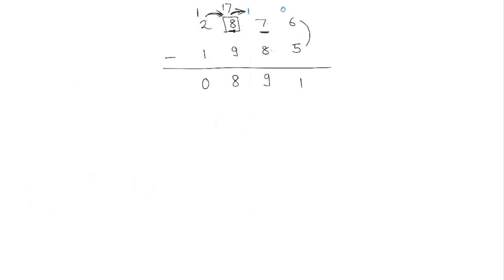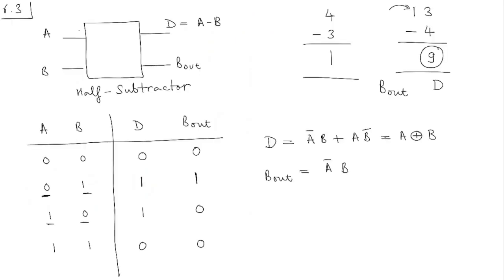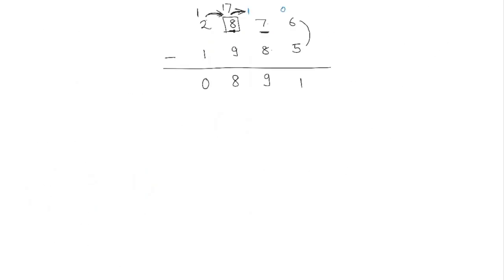And we need to think about both these factors when we are designing our subtractor. In the previous case, we only thought about borrows that are coming in, which is this borrow. We were only looking at this borrow, right? But we also want to be thinking about this kind of a borrow. And so we are going to take into account both these and build a circuit called the full subtractor.